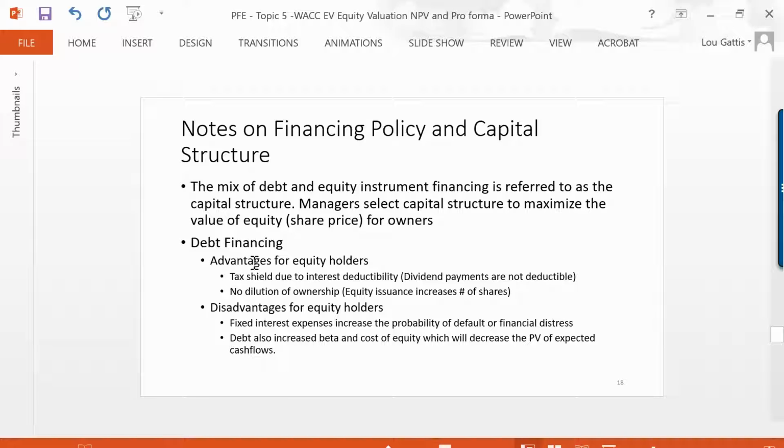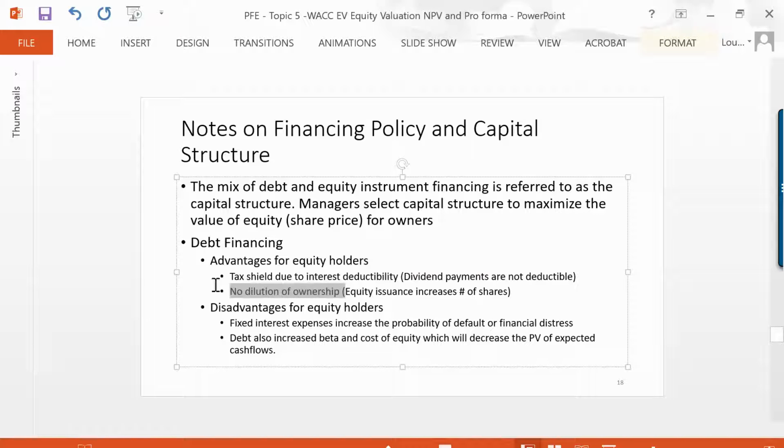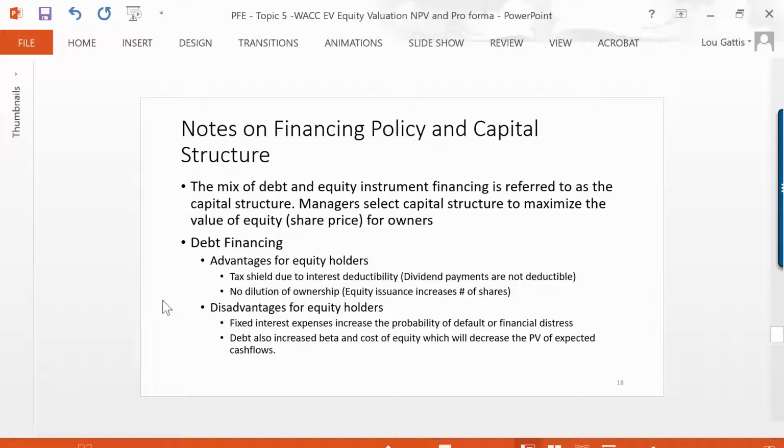So if you issue more stock to finance a new project, the number of shares goes up, so all the current owners have a lower fractional ownership. Now the disadvantage of debt financing for equity holders is it creates fixed expenses. And anytime you have fixed expenses, you're going to have a higher probability of going bankrupt or having some kind of financial distress.